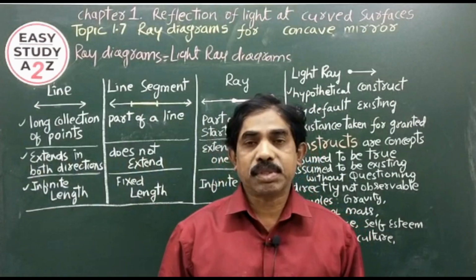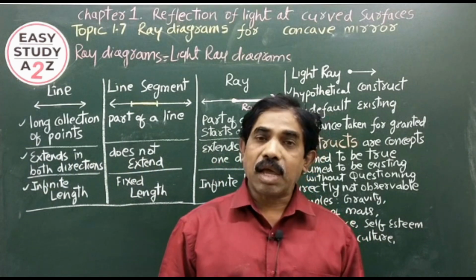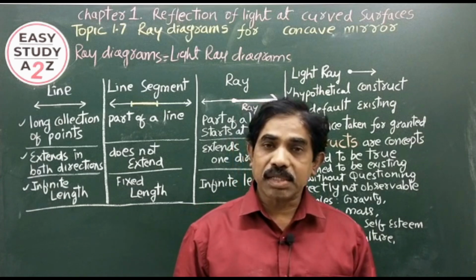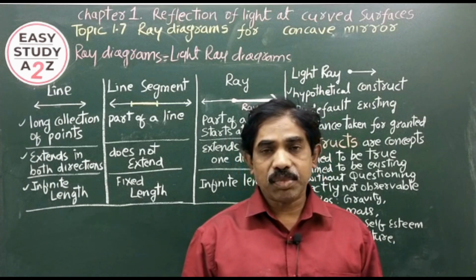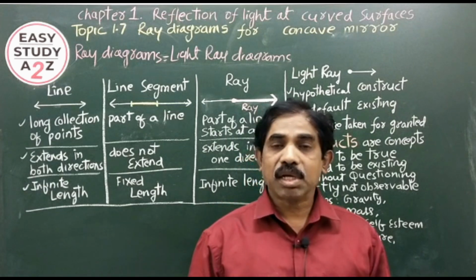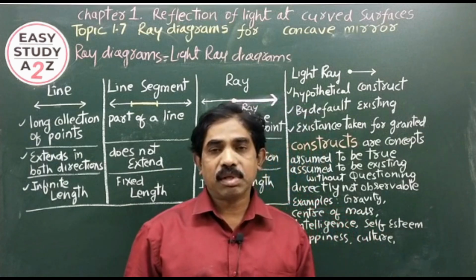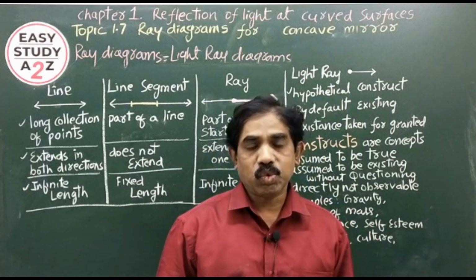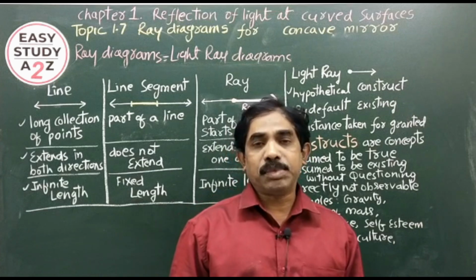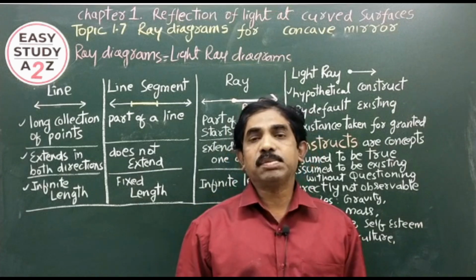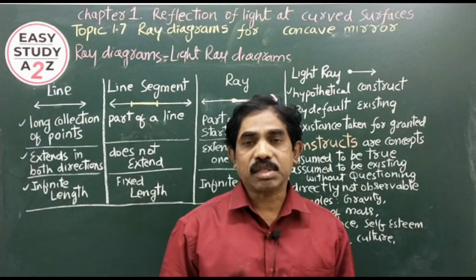Observe some concepts. A light ray, gravity, center of mass, intelligence, self-esteem, happiness, culture. These are concepts we believe are true. They exist, but we cannot directly observe them. Such concepts are known as constructs, hypothetical constructs.